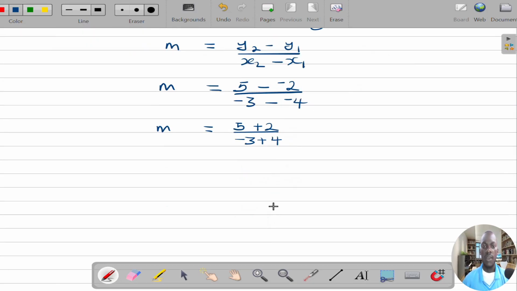Now 5 plus 2 gives 7, and -3 plus 4 gives 1. Therefore m is equal to 7.